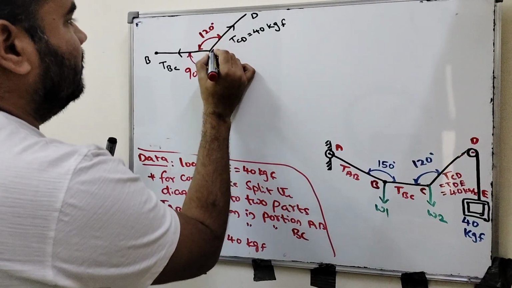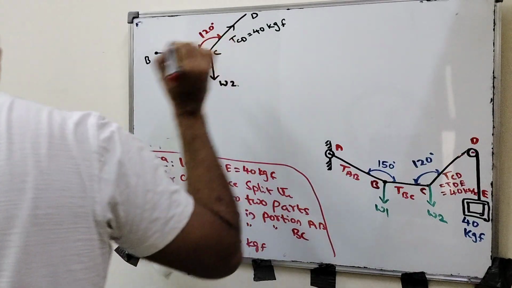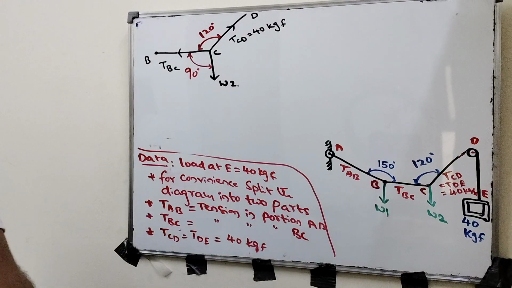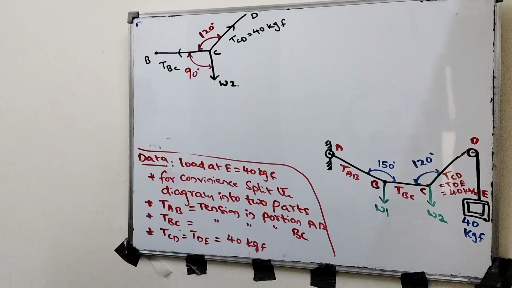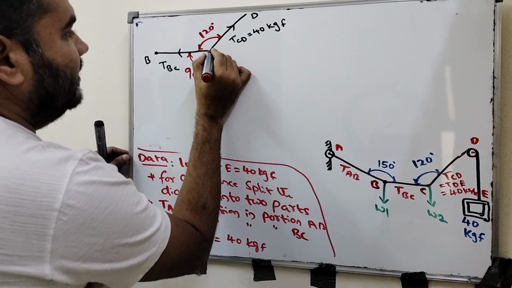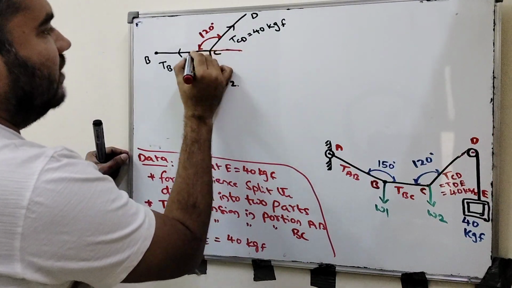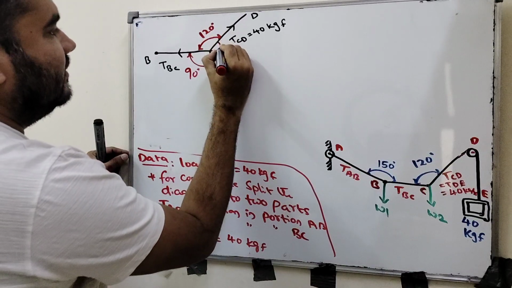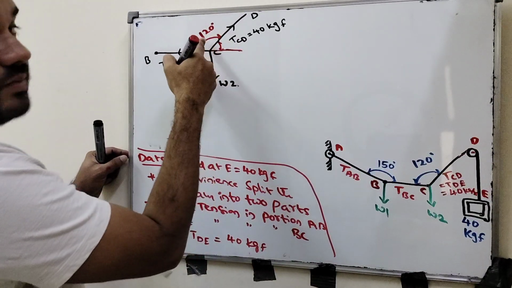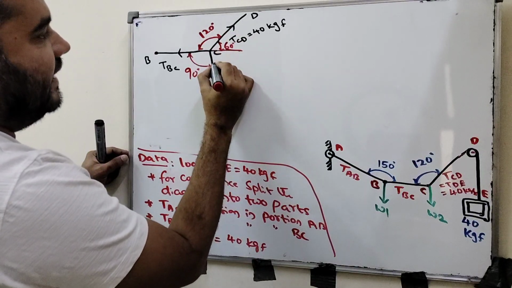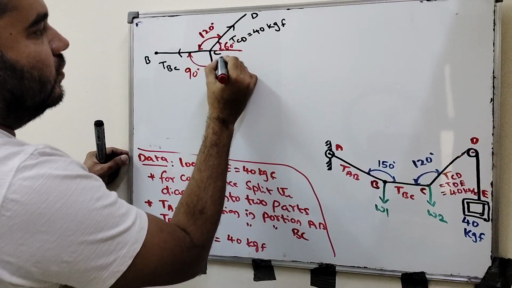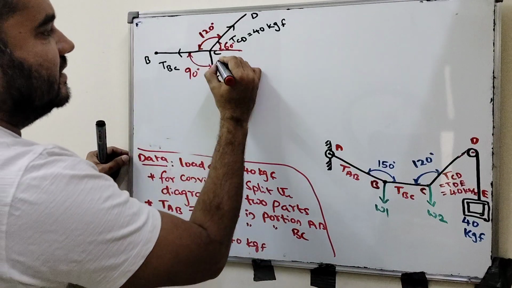Next, this will be 150 degrees, because this is 120. Now how about this one here? This is 180 minus 120, which is 60 degrees, and this is 90 degrees. Total 150 degrees. Okay. This is 150 degrees.